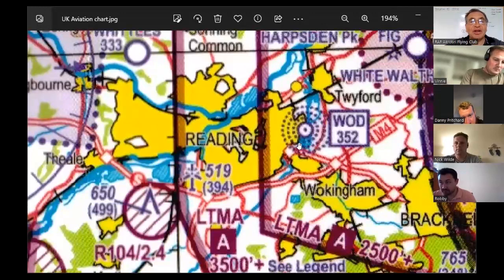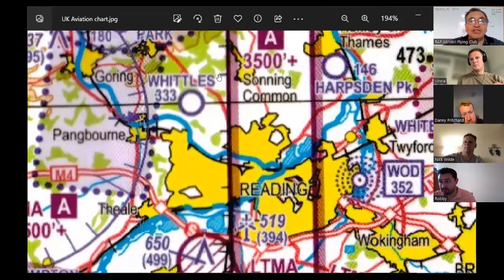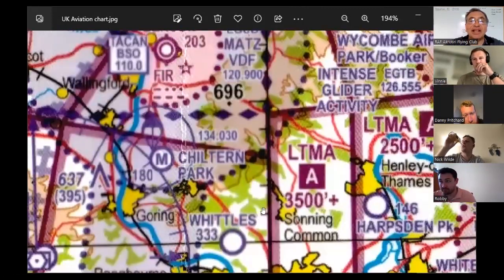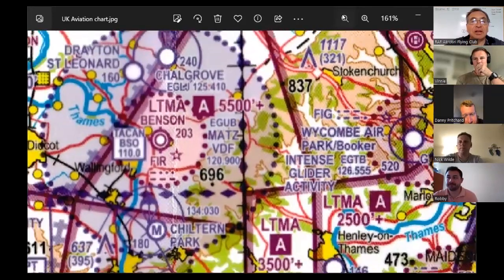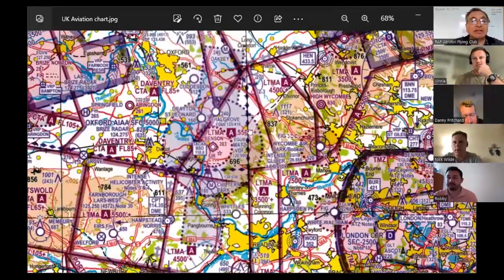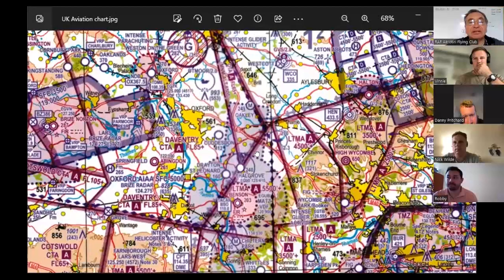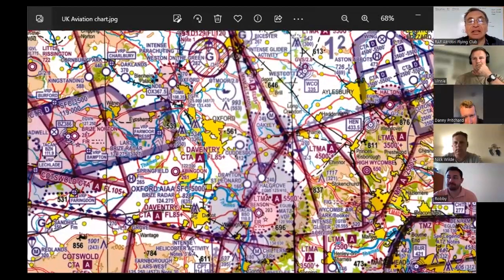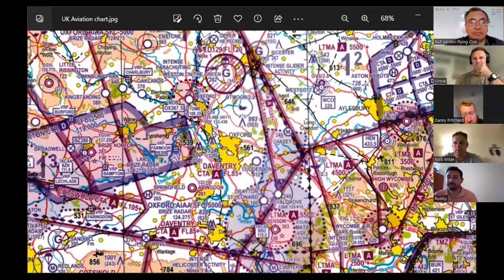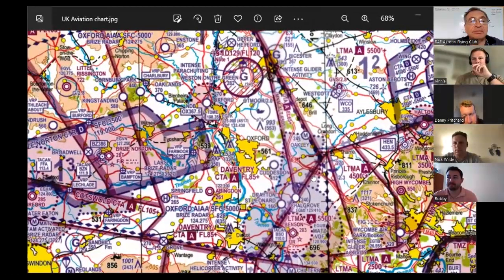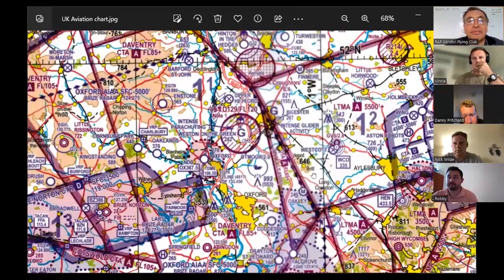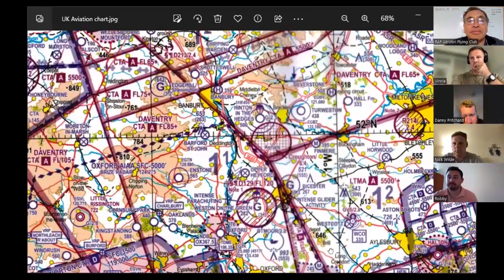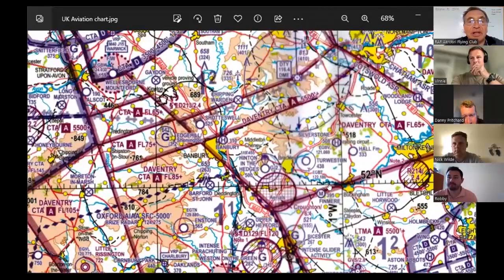A typical one would be the Compton VOR, for example, Charlie Papa Tango, which is just over here. It's up here somewhere.